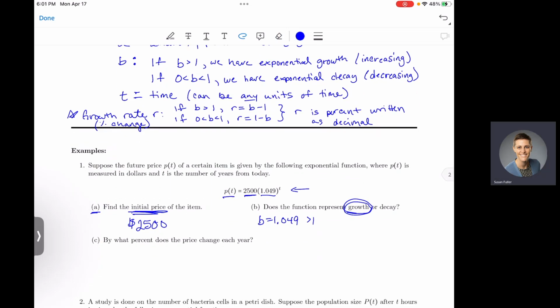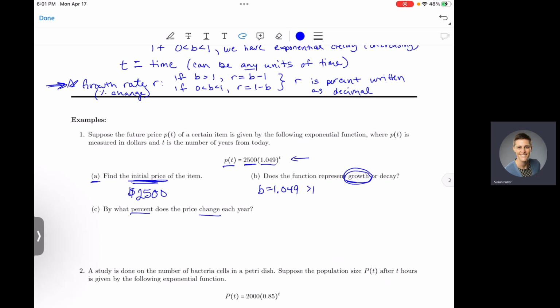And then the last one, by what percent does the price change each year? Because it's a percent change, this is looking for our growth rate R. So again, we're going to find the difference between B and 1. Since our B value is bigger than 1, we're going to take that B value and subtract 1 from it. So we'll do 1.049 minus 1, and we get 0.049.